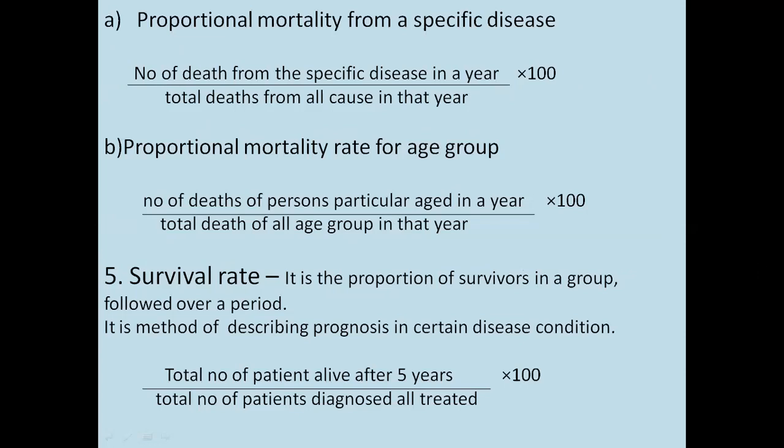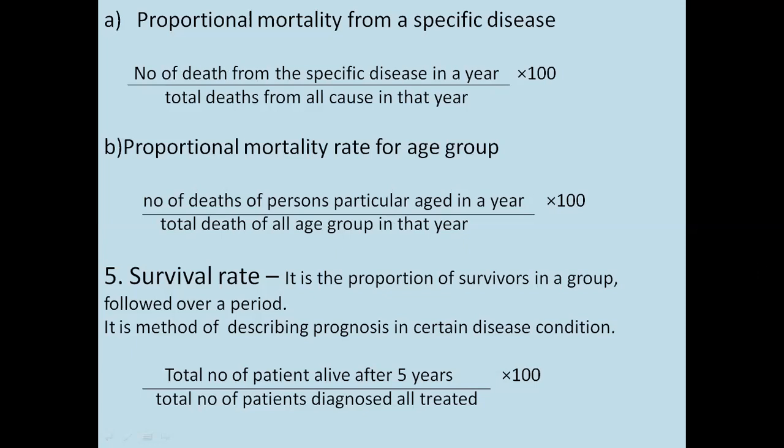For a specific disease, it is the number of deaths from the specific disease divided by total deaths from all causes in that year, into 100. And the proportional mortality rate for age group is the number of deaths of persons of a particular age in a year divided by total deaths of the age group in that year, into 100.